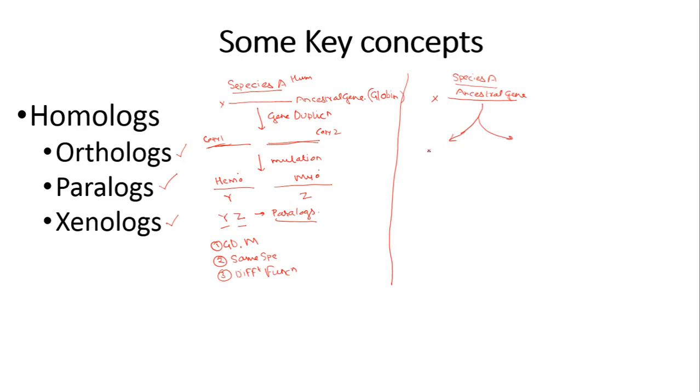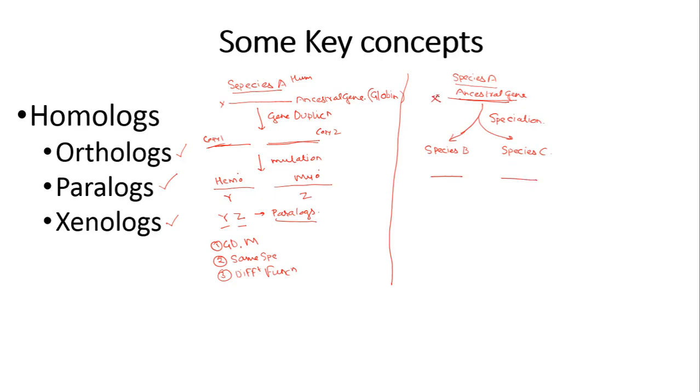Let us call them species B and species C. So the same ancestral gene, due to evolutionary events like speciation, got diverged into two daughter species, and the same gene X is retained in both species.